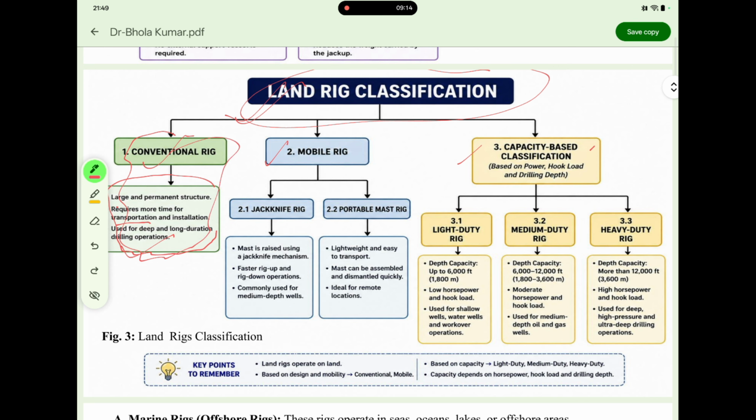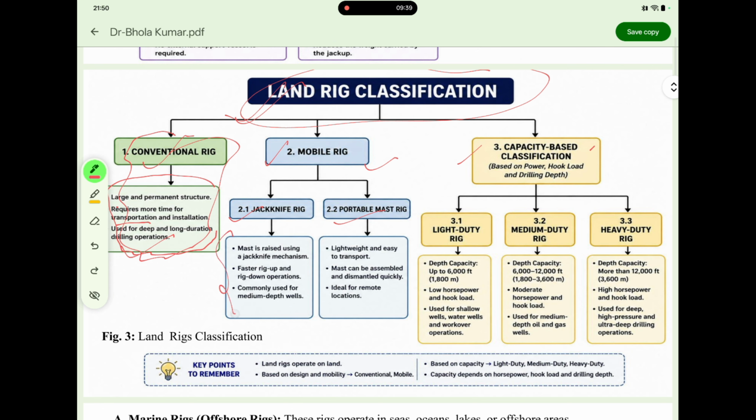The other type of rig is the mobile rig. As the name suggests, a mobile rig is easily movable from one place to another. This is nothing but the jack-knife rig and the portable mast rig, right? The mast is raised using the jack-knife mechanism, with faster rig up and rig down, and is commonly used for medium depth.